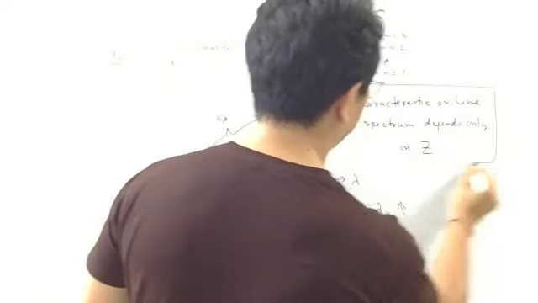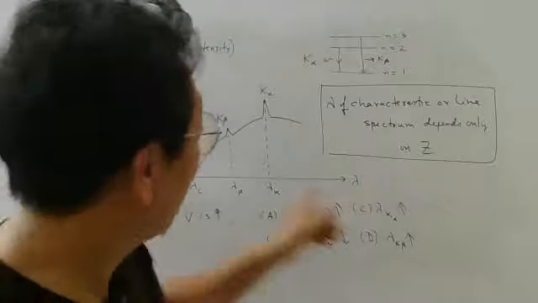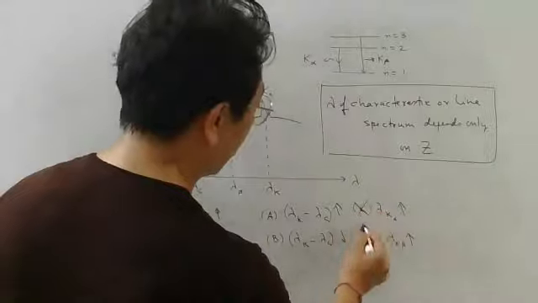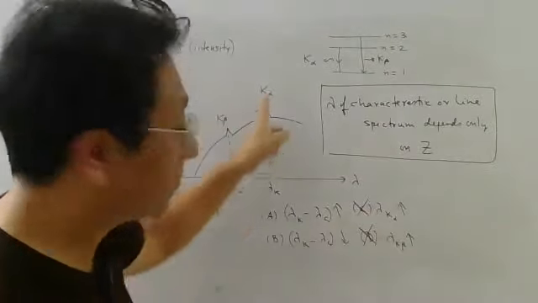Yes or no? So if you don't change the atomic number or the target, the line spectrum will not change. So these two will obviously be wrong, because these two are wavelengths of the line spectrum.